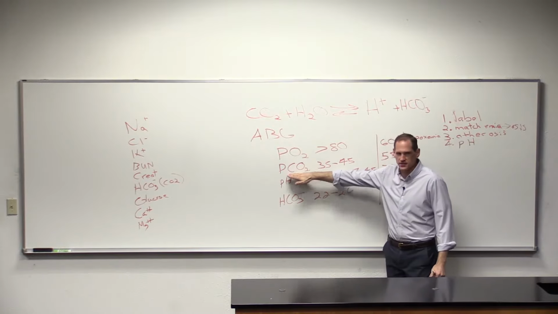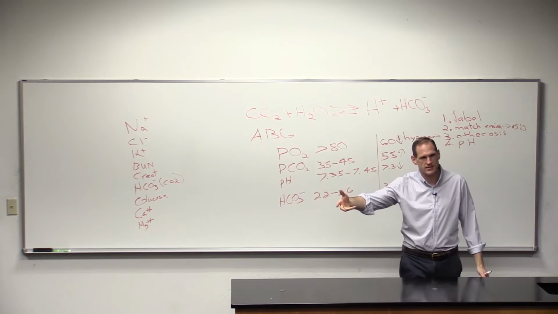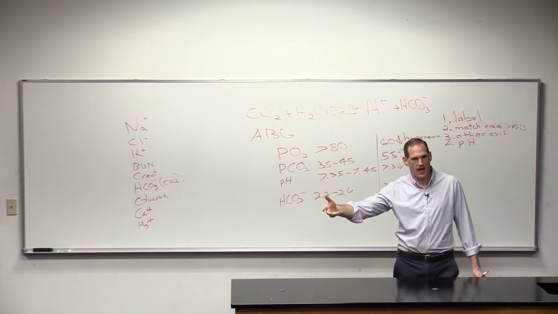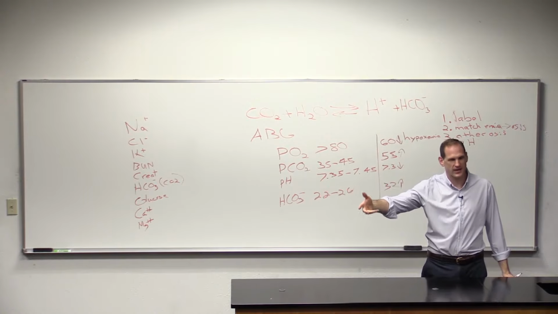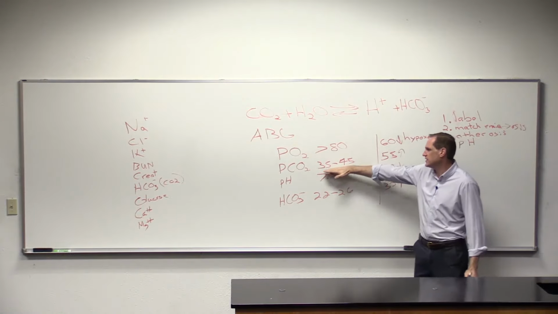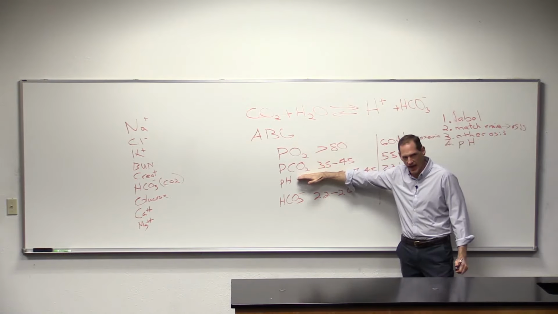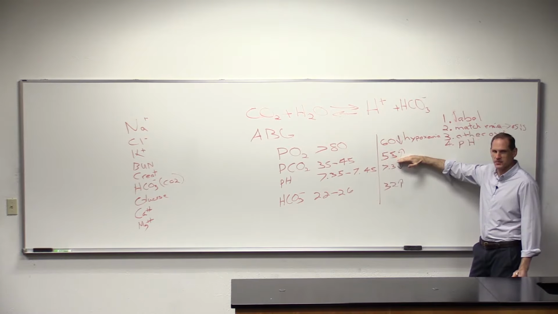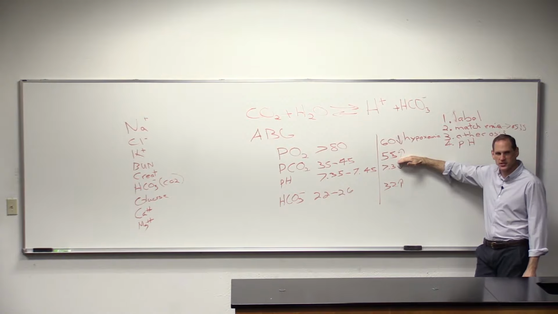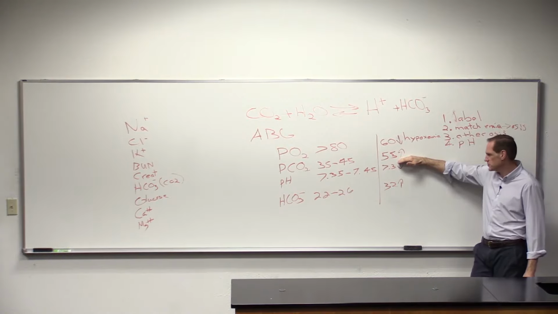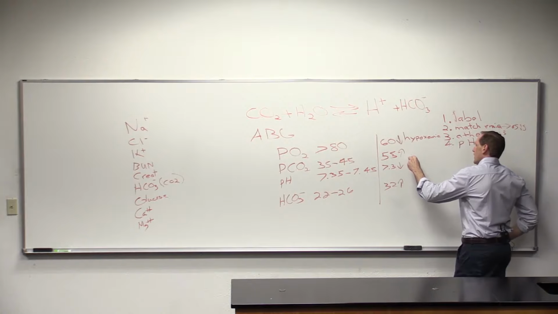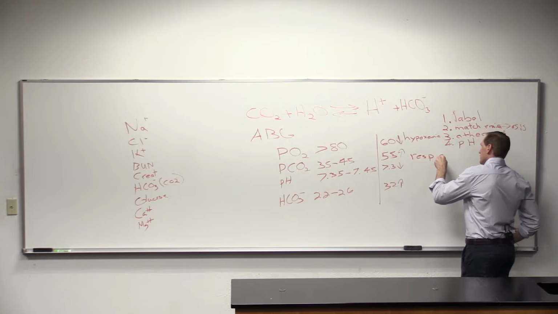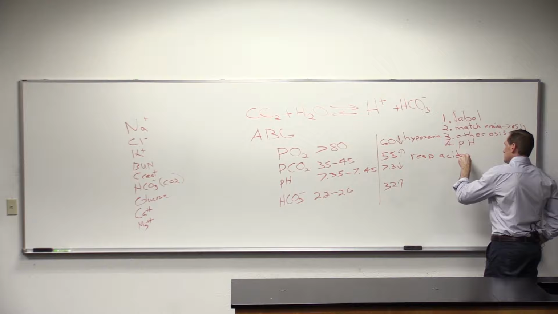What is carbon dioxide? When you dissolve it in water, you get carbonic acid. So carbon dioxide is acid. So elevated acid levels would be called acidosis. And which organ is responsible for that? Respiratory. Lungs, respiratory. So we have respiratory acidosis.